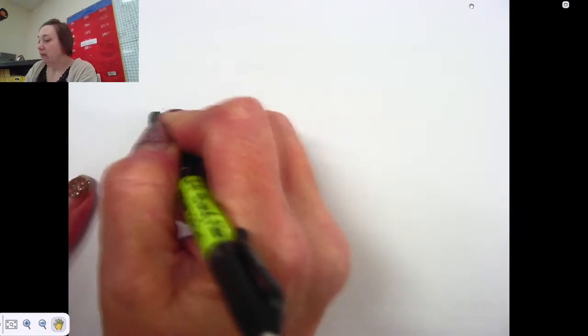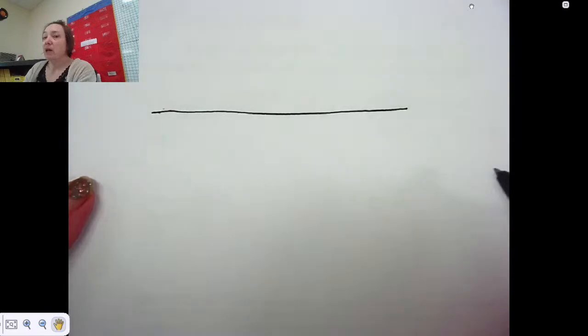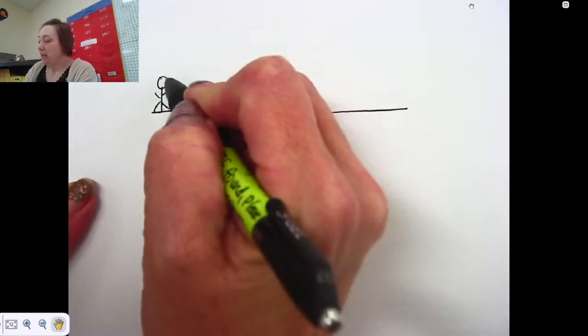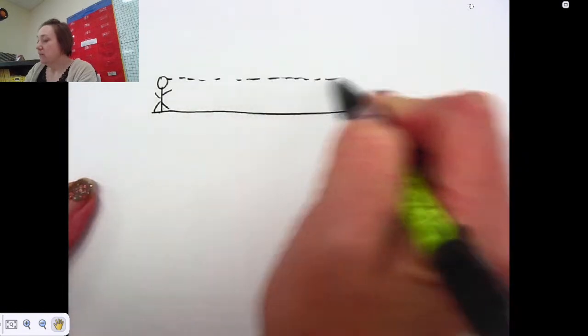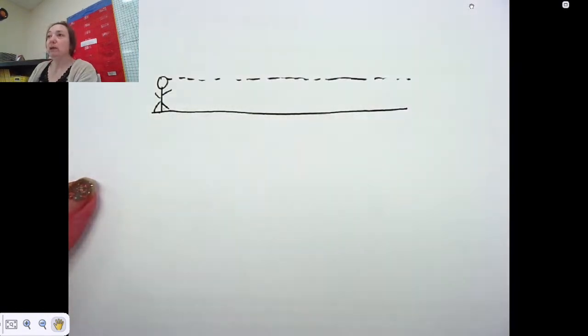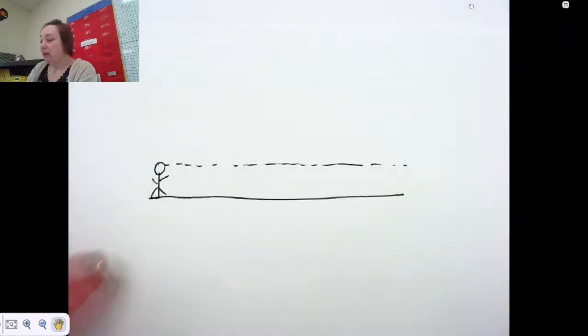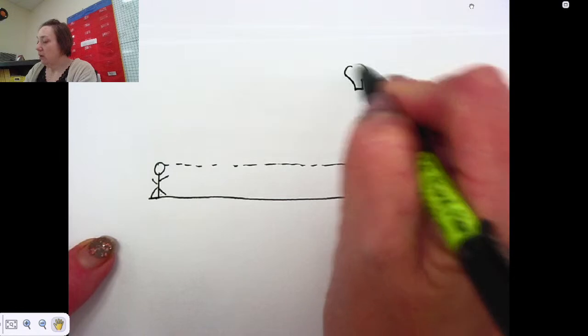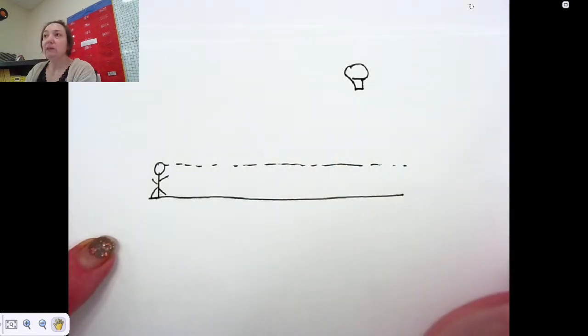So in real life, oftentimes we'll use the ground as a horizontal line. Or sometimes, say maybe you've got a little person standing over here, and you can use their line of sight as a horizontal line. And maybe that little person is looking up here at a hot air balloon, right?